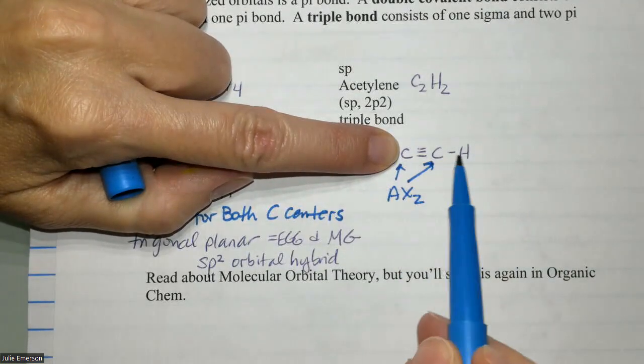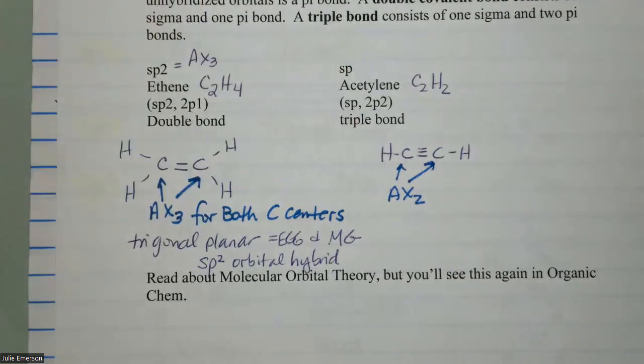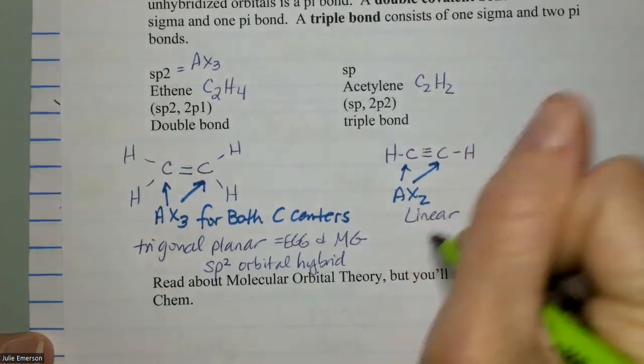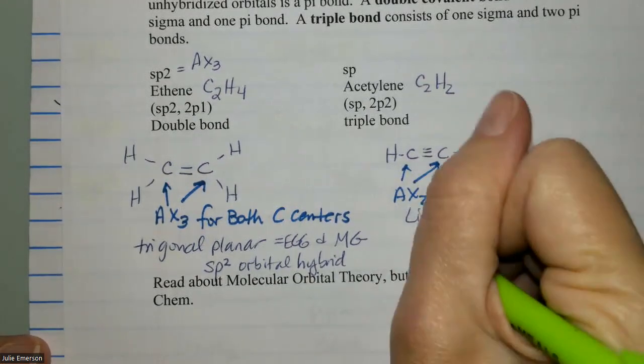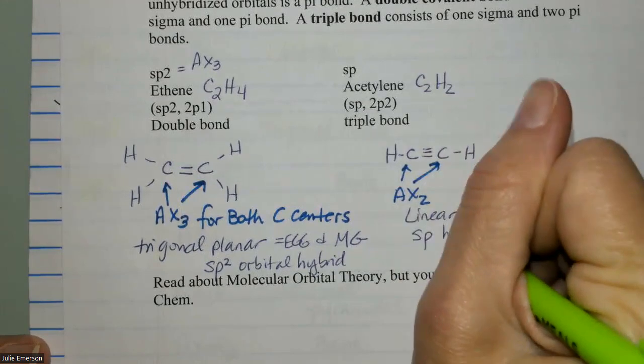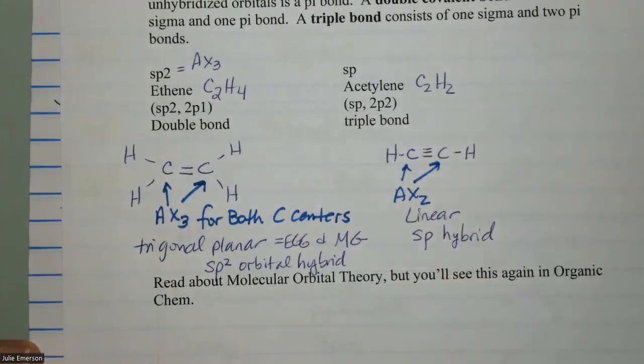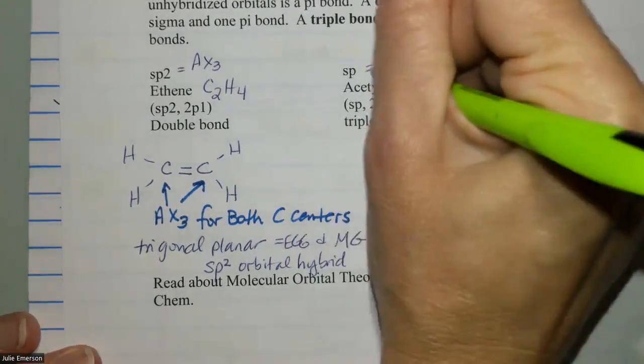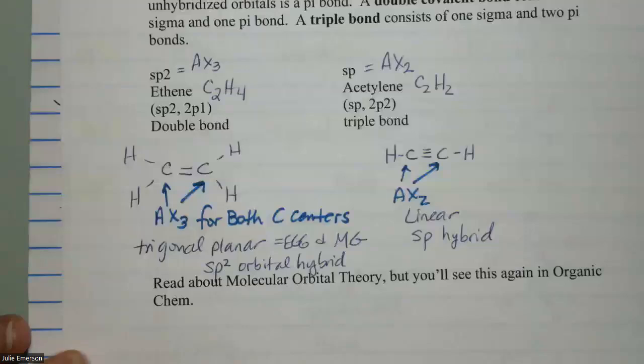There's my X2, no E. We said AX2 is linear. And because there are two bonding sites, we need an sp hybrid. Sp, because there's only two orbital spots needed. So the sp is because it is an AX2.